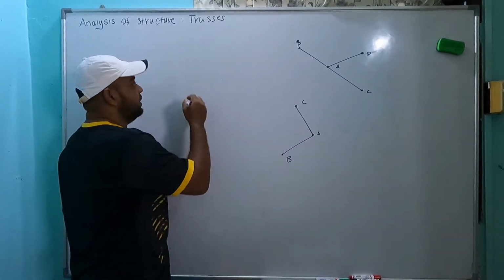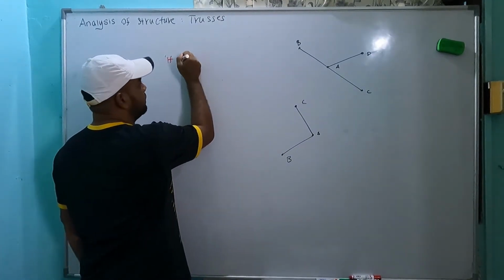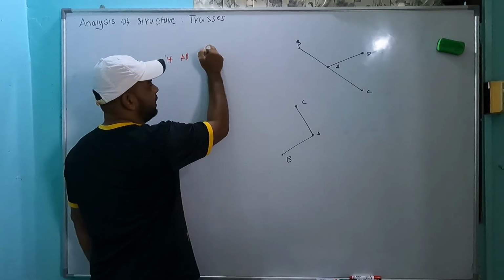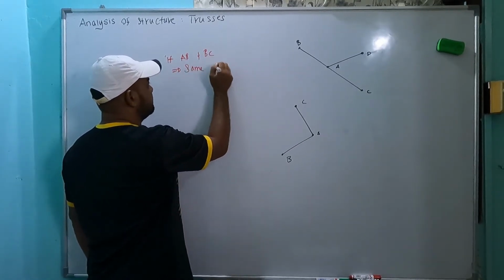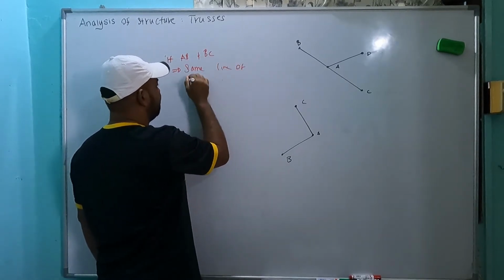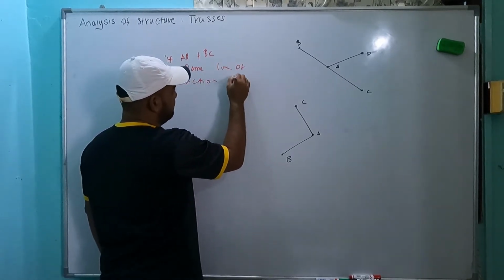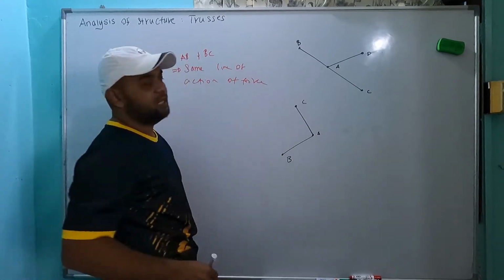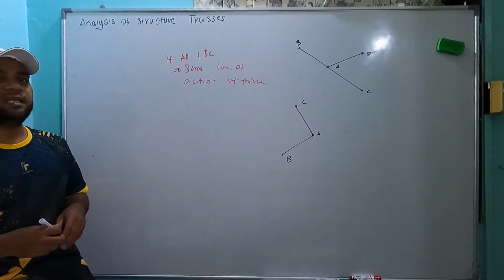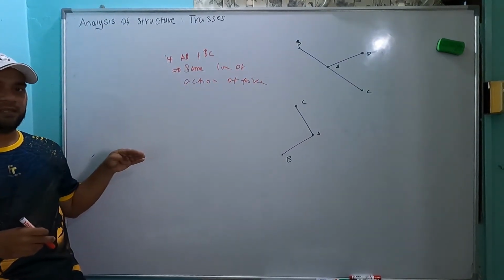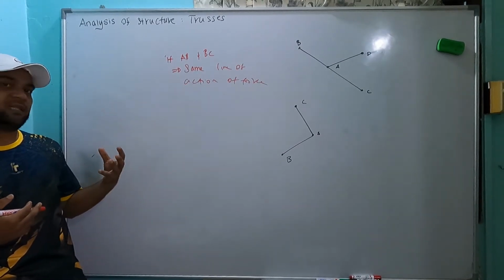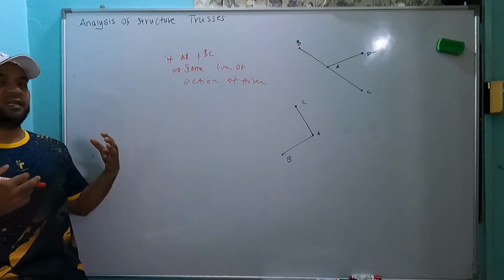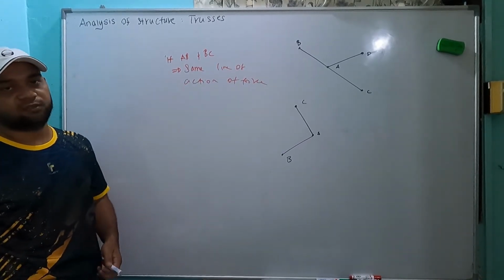If AB and BC are on the same line of action of force, I hope everybody gets what I said when I said line of action of force. We have introduced this one in a previous chapter.